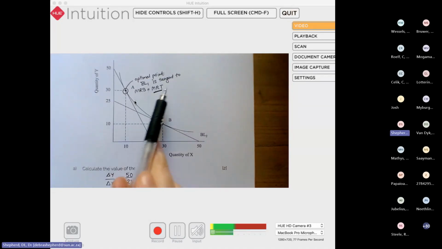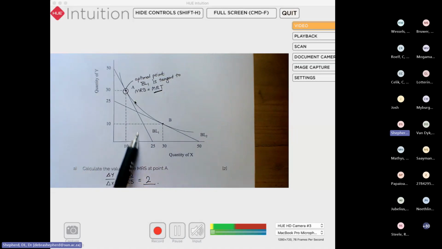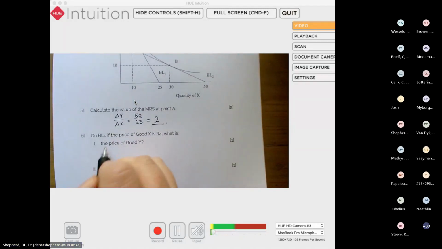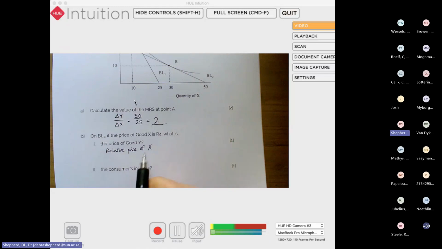So the MRT, which is the slope of this line, is also the relative price of good X. So the relative price of good X is 2.